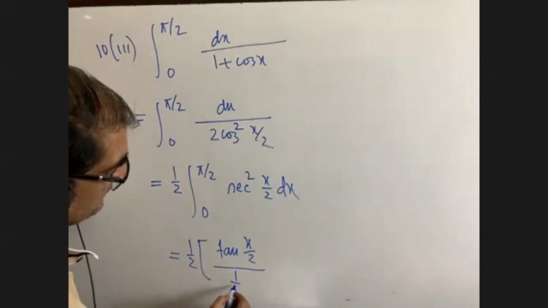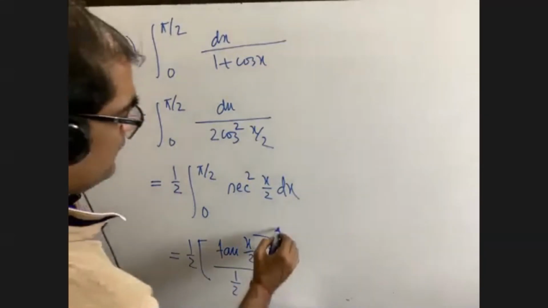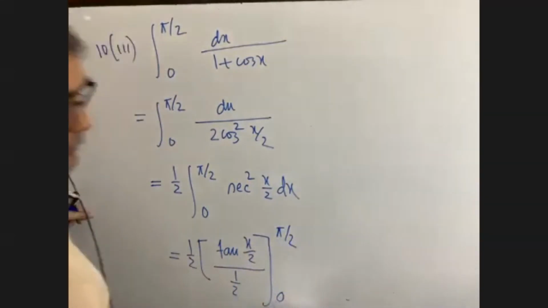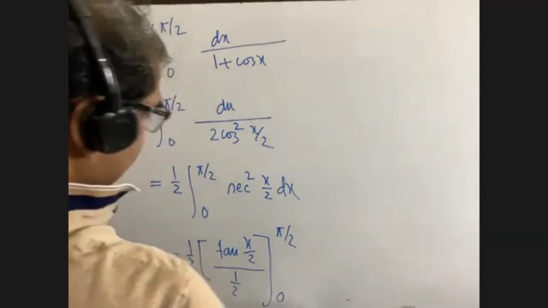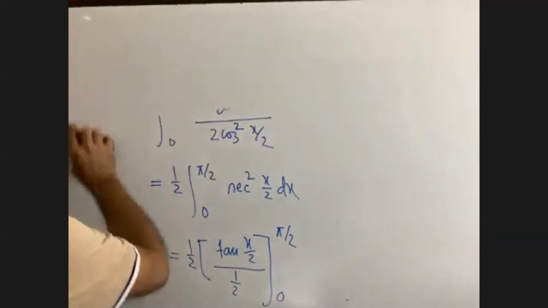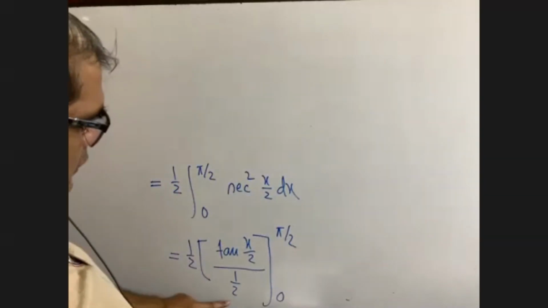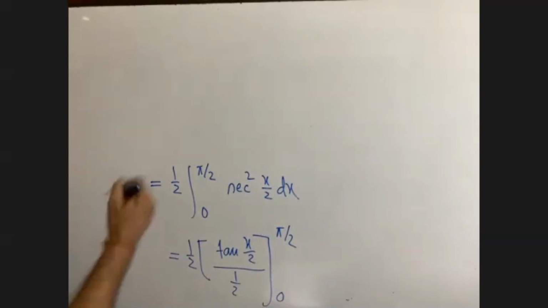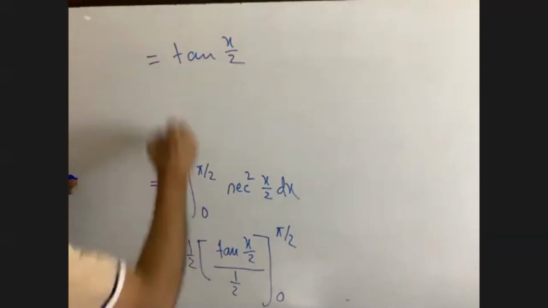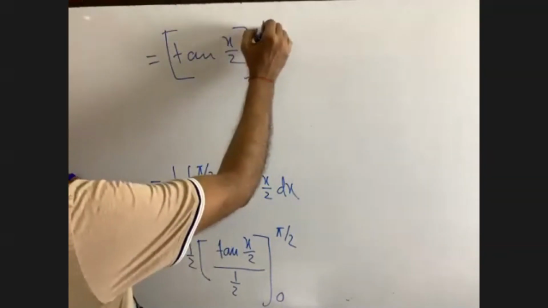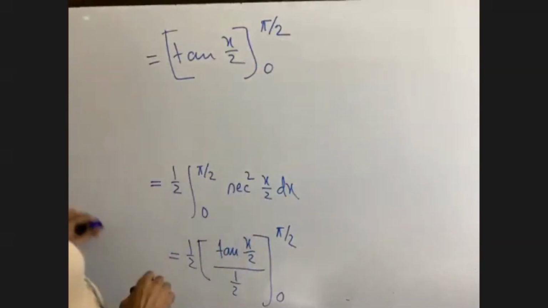So it is half, and this half will be omitted. So we are left with tan x by 2, from 0 to pi by 2.